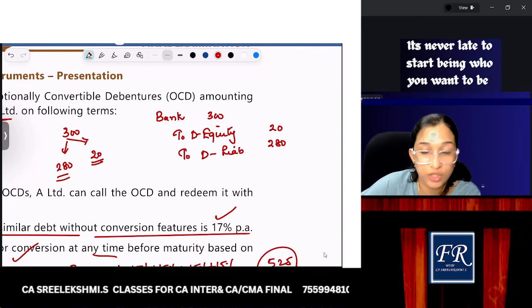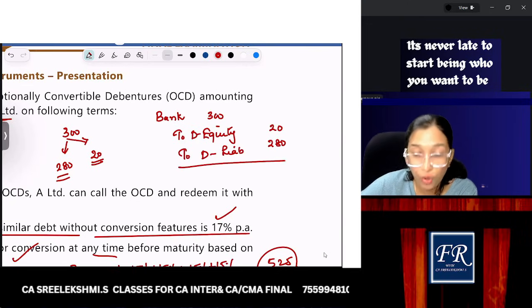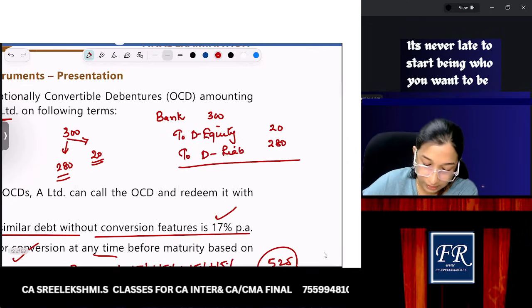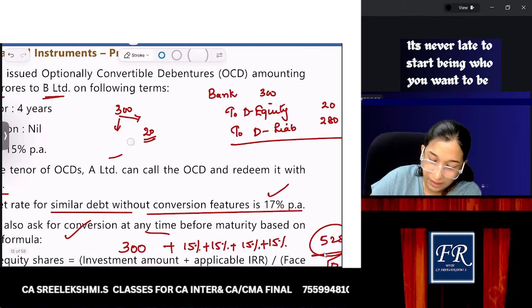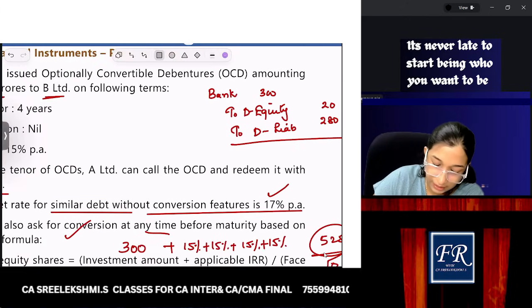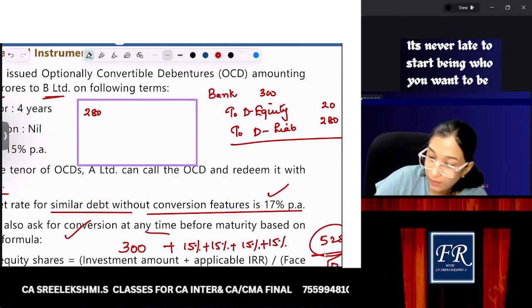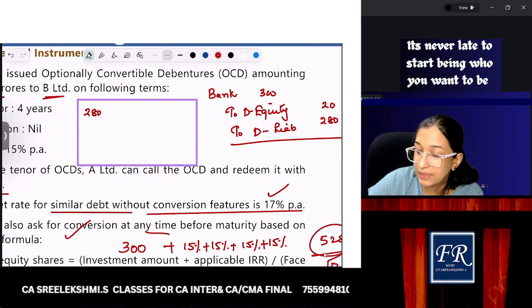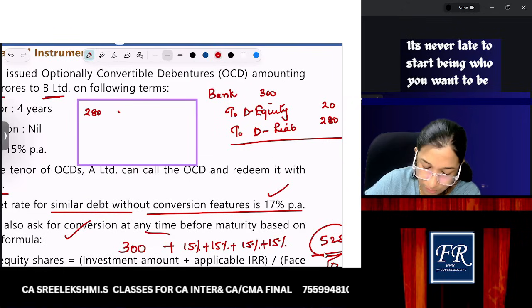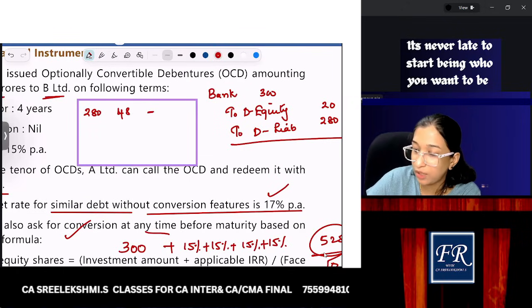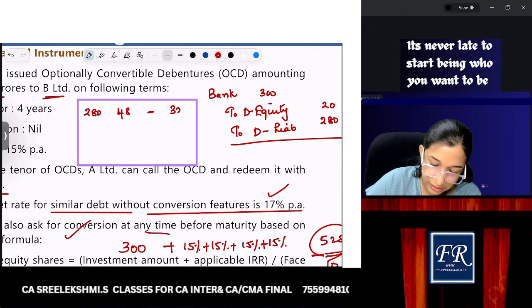Then what happens further? Further, this liability will be unwound. I'll prepare the table for liability. 280. Interest will be recognized at 17%, 47.6. There is no repayment, so 280 plus 48, 328.